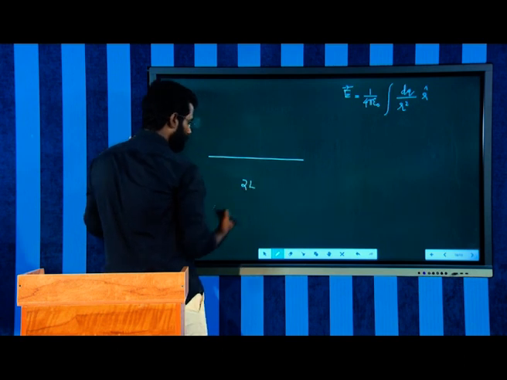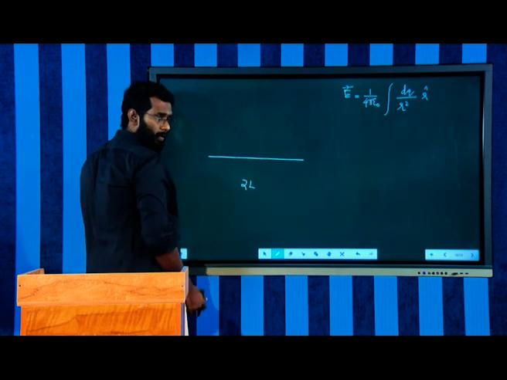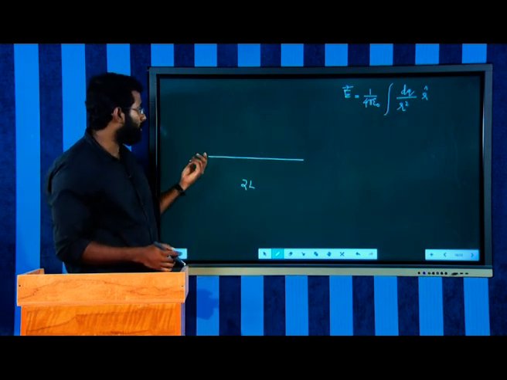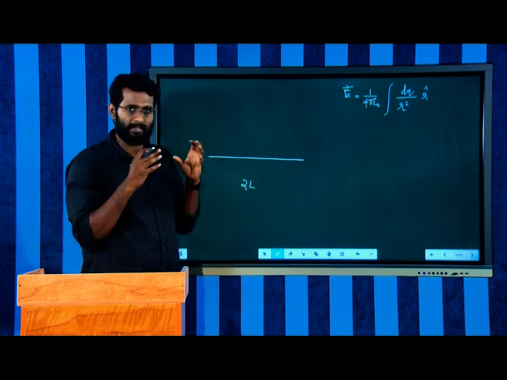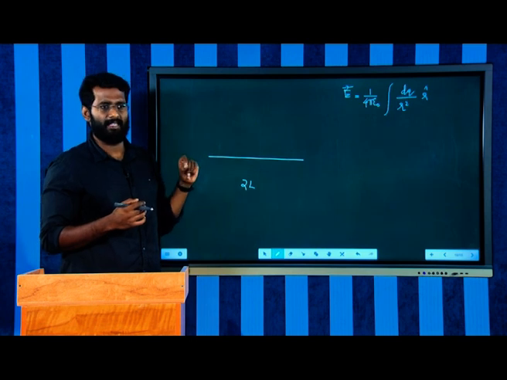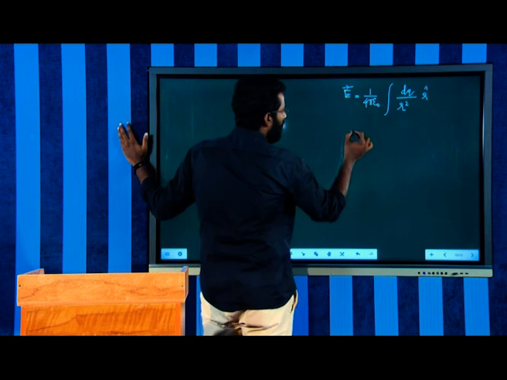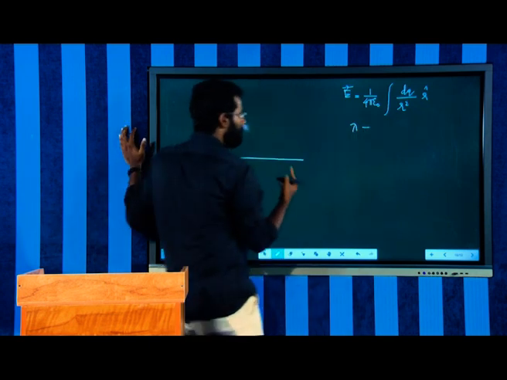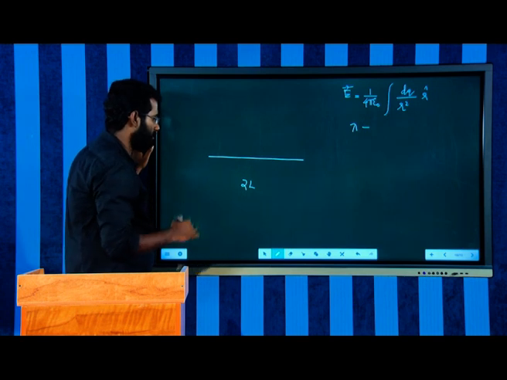The integration would be much easier, that is why we are using 2L. So, its total length is 2L and charge is distributed over this. So, this line consists of charge. So, we can define a line charge density for this, that is lambda. Let lambda be the line charge density for this line, and its length is 2L.